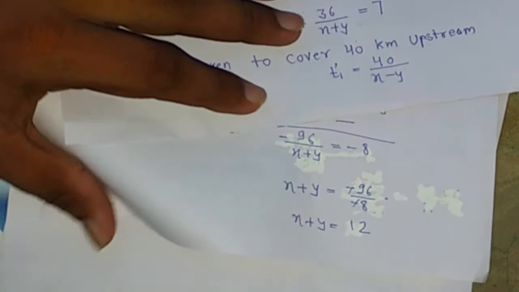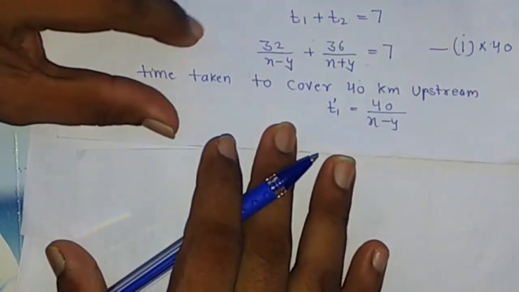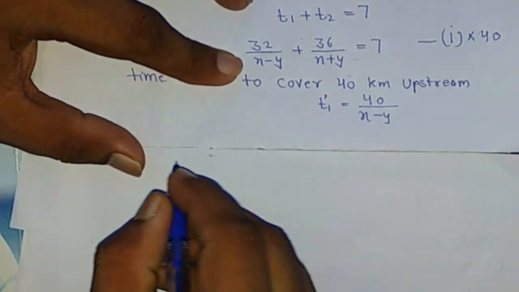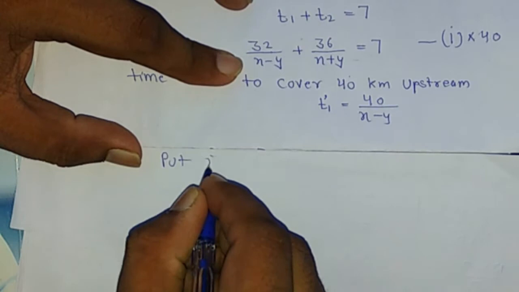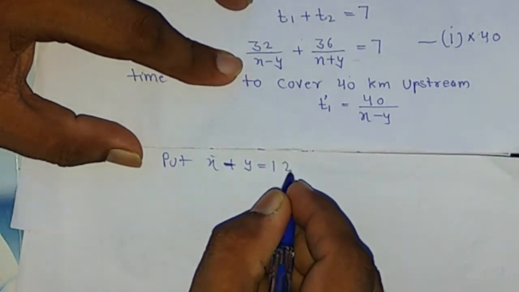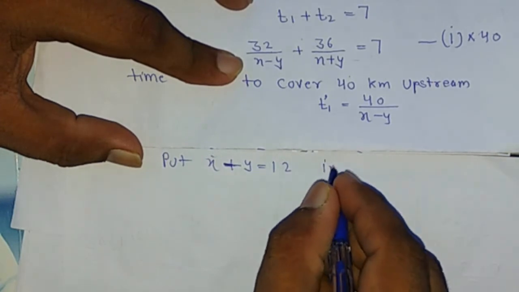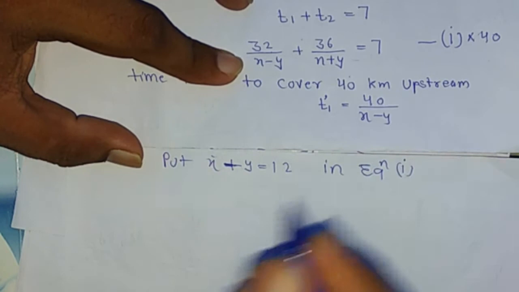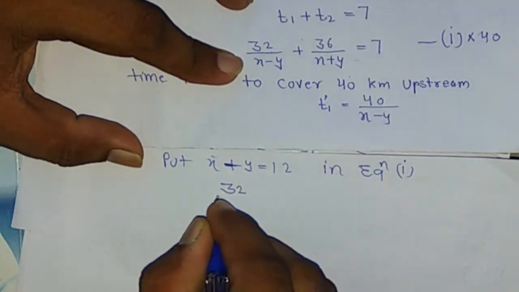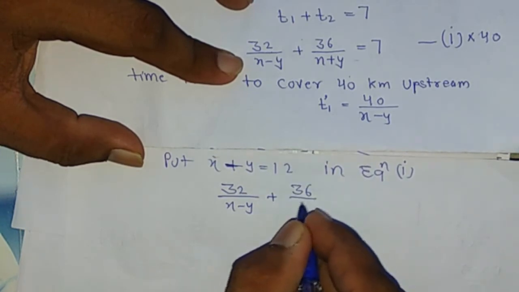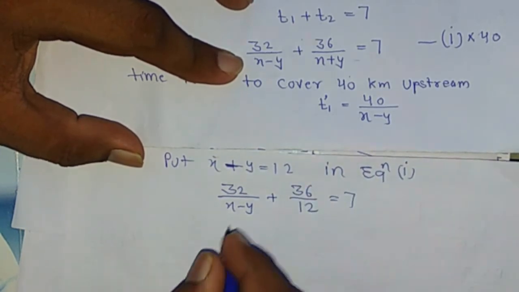Put the value of x plus y in equation first. We have x plus y equals 12. In equation 1 we have 32 upon x minus y plus 36 upon 12 equals 7.